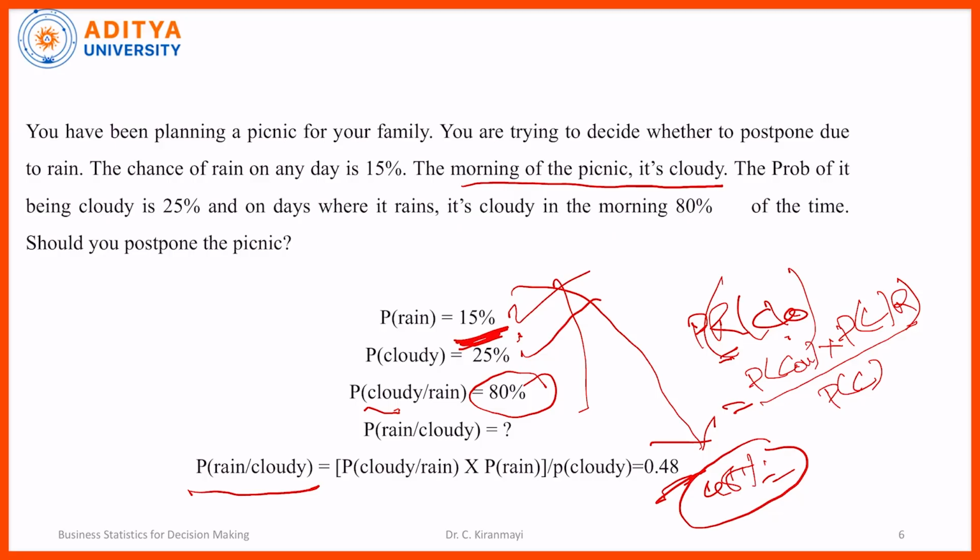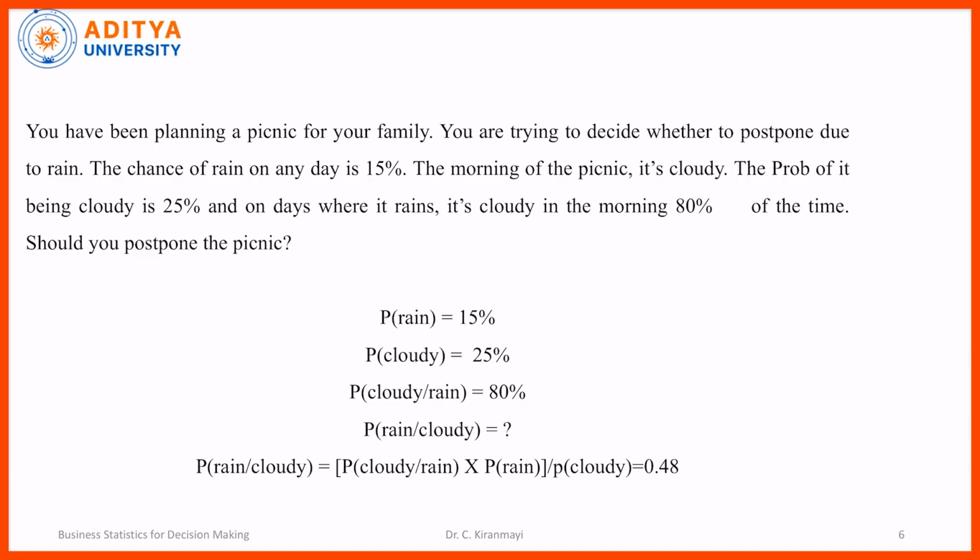Therefore there is a 48% chance that a day will be rainy if it is cloudy. So this is how we can update the existing prior probabilities by adding new evidence. This is how we can make use of Bayes' theorem in real time.